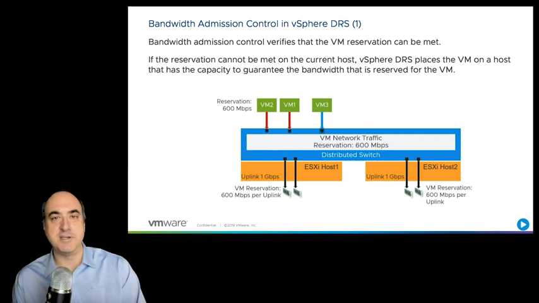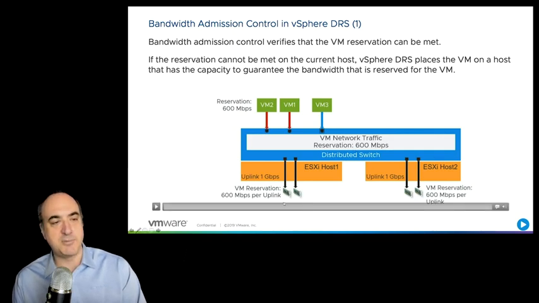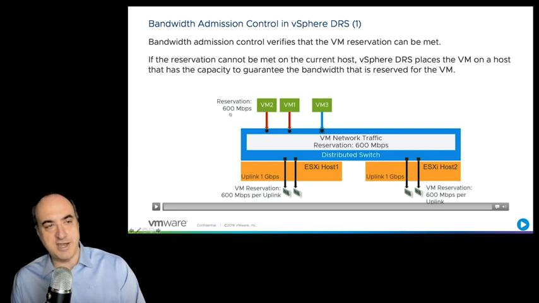That's an important piece of how Network I/O Control and DRS integrate together. Here we have a slightly different example: network adapters that have a 600 megabit reservation across the entire cluster, and these VMs also have a 600 megabit reservation. So I can't run 3 VMs that each have a 600 megabit reservation on the same host.